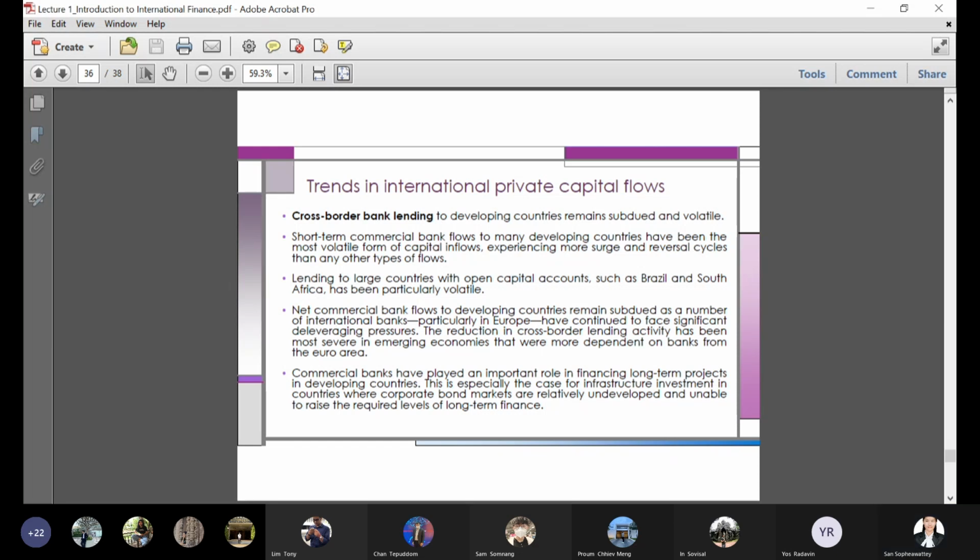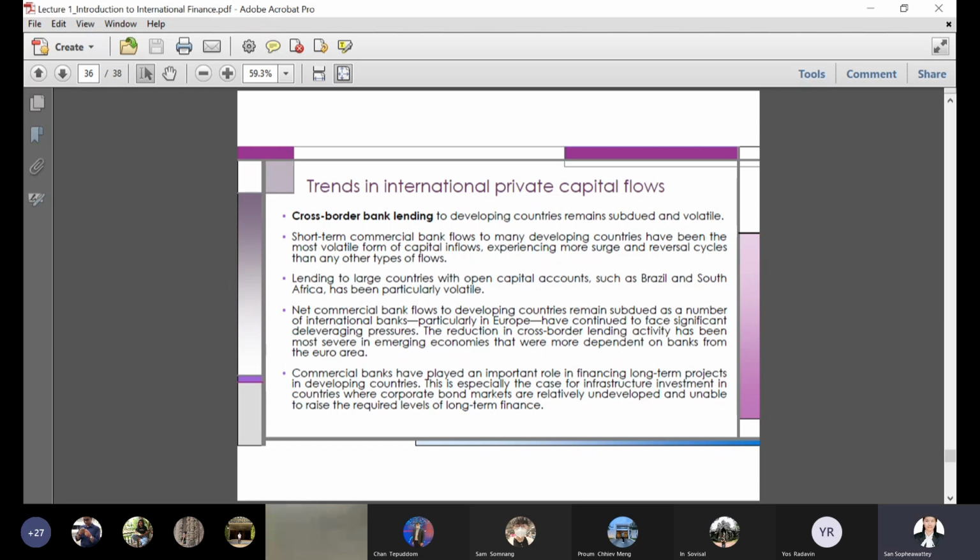And for the MFIs, they also have a lot of bank lending from the euro area, such as Luxembourg and Denmark, for example. So those countries invest in developing countries, not so much in banks, but in the MFI sectors. That's different from other countries because Cambodia is a little bit special.